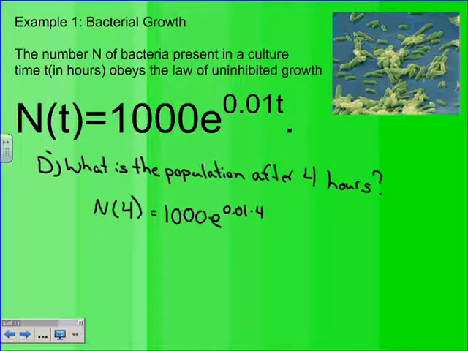And like I said, just to save yourself a little calculator work, instead of typing in 0.01 times 4, just type in 0.04. Gives you just less of a chance to make a mistake.